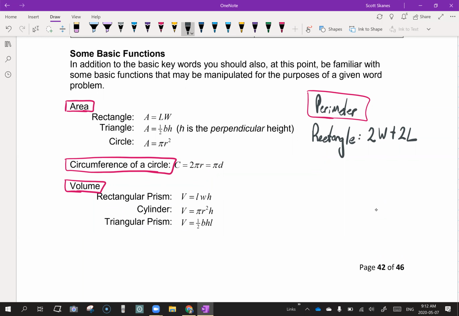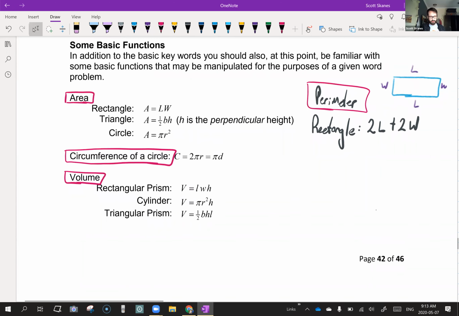You should never memorize the formulas, although it is obviously helpful. If we had a rectangle, we have 2 L's and 2 W's. When we add them all together, we get 2 L's and 2 W's, or 2 W's and 2 L's. There's no set way to do it. I'm going to put the L first just because of the alphabet, but it makes no difference. If we need it, which we will, that's what we'll use.